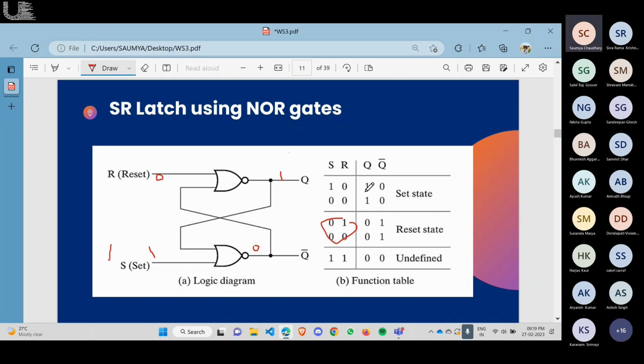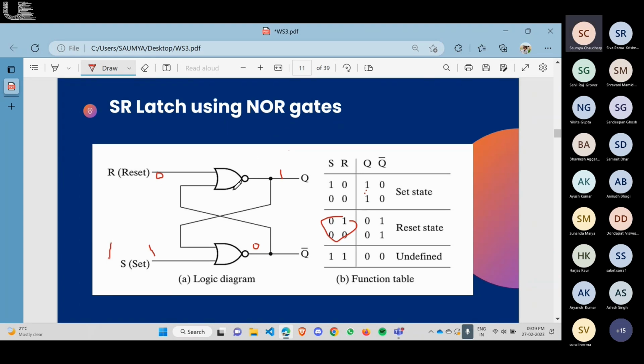So here we will get Q as 1 and Q prime as 0. We call it the set state. And if we give S and R equal to 1, we get 0 and 0. But as they are Q and Q complement, we cannot get this. So we call it undefined. This condition we cannot get, so we call it the undefined one.